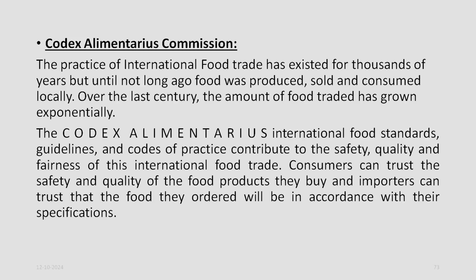Now, let's give a look to what these bodies are related to. Codex Alimentarius Commission. The practice of international food trade has existed for thousands of years, but until not long ago, food was produced, sold and consumed locally. So, earlier what was the situation? We never faced a trading situation of this nature, where foodstuff is transshipped across different continents even.